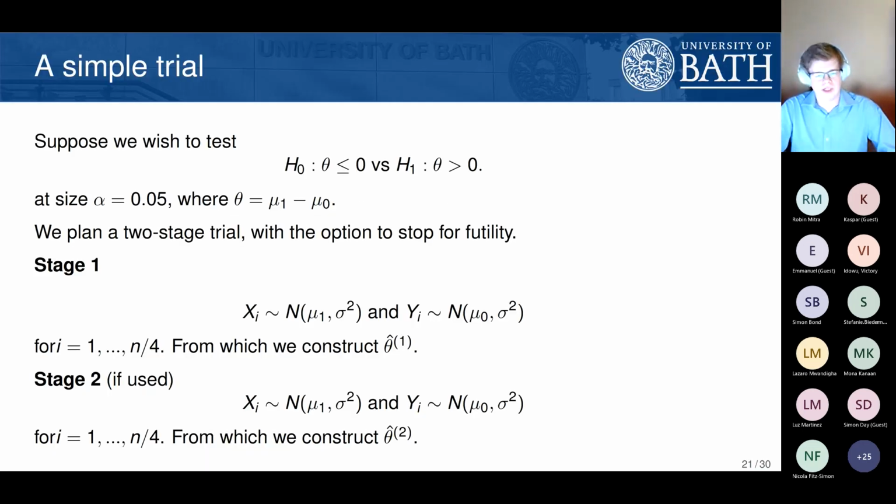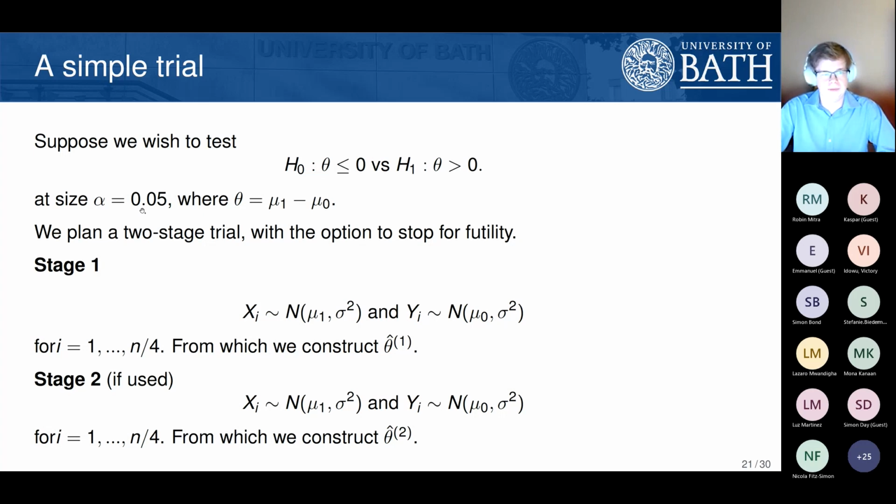So we'll now move into a bit more of a concrete example. So a very simple example. For those of you that know adaptive designs, you'll know we could get much more complicated than this, but we'll follow largely the construction we've looked at so far in this talk. So supposing we wish to test the treatment effect and a null hypothesis that it's less than or equal to 0 versus an alternative that it's greater than 0 at size alpha.